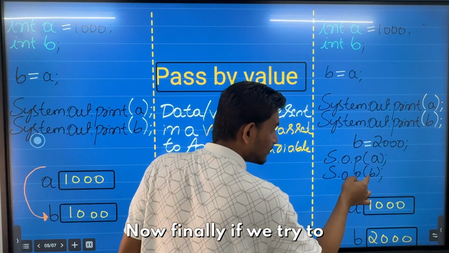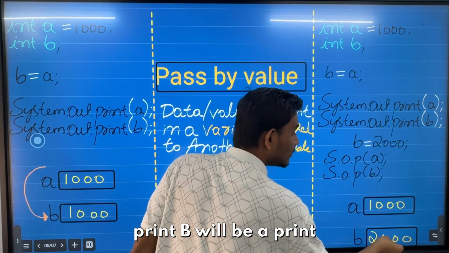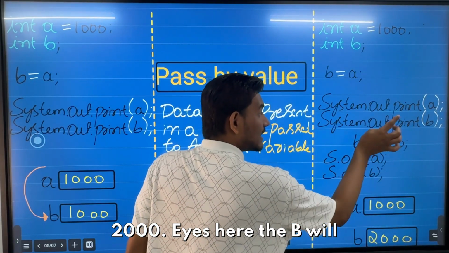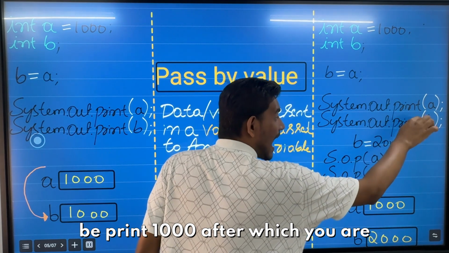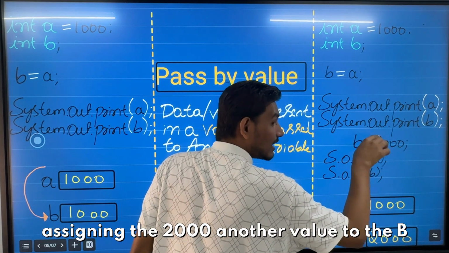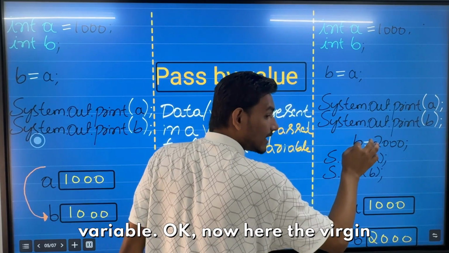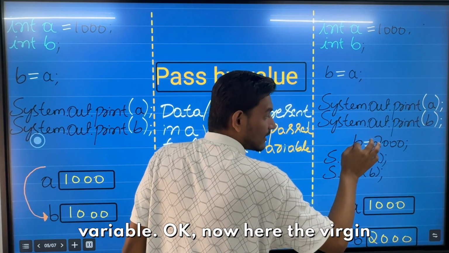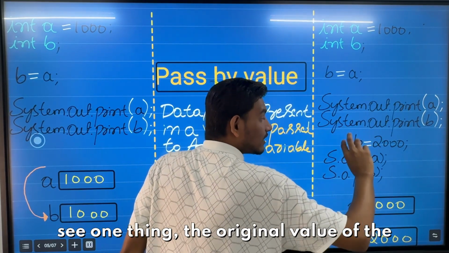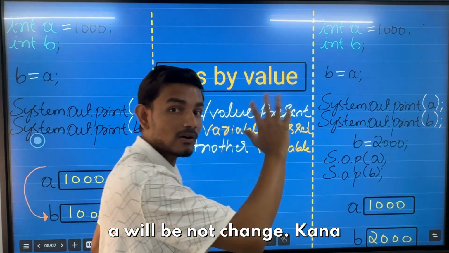Now finally, if we try to print, b will print 2000. Here b will print 1000, after which you are assigning another value, 2000, to the b variable. See one thing, the original value of a will not change.